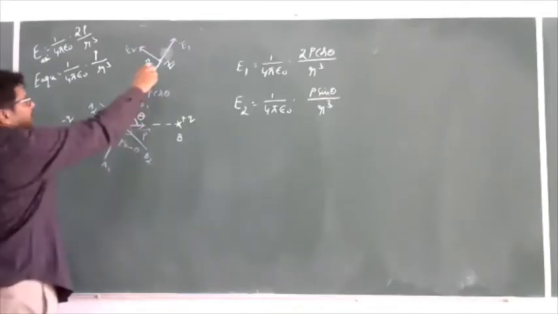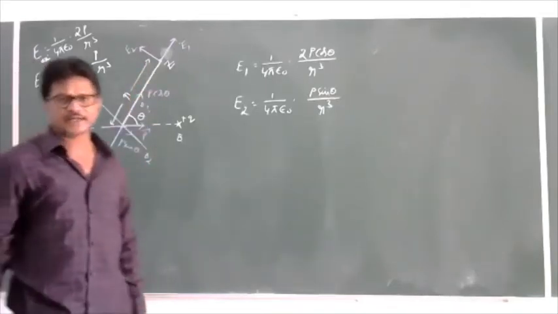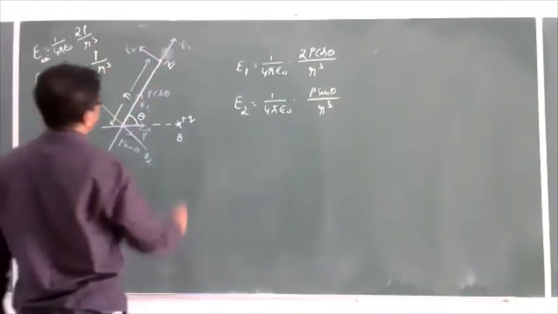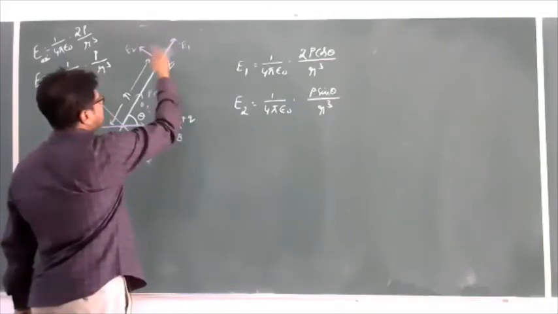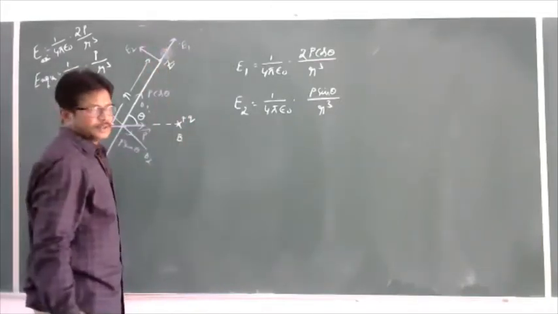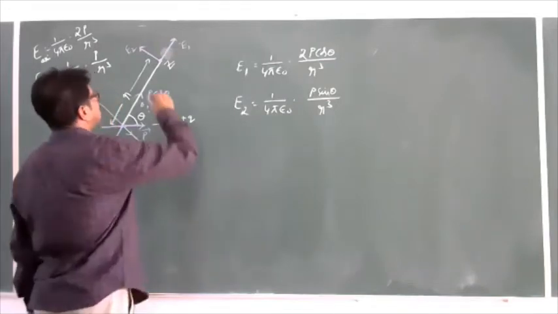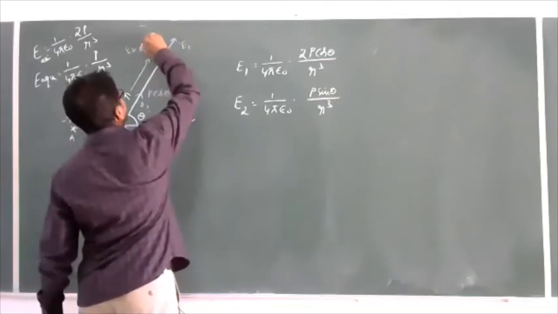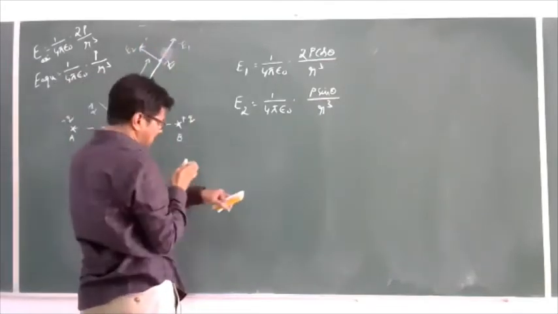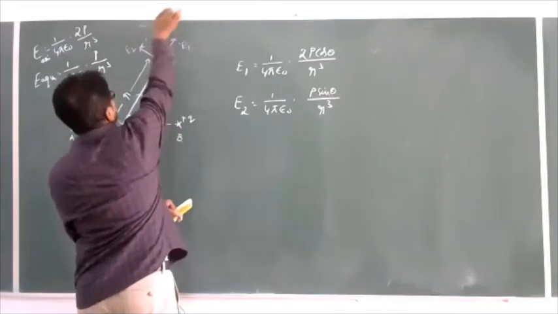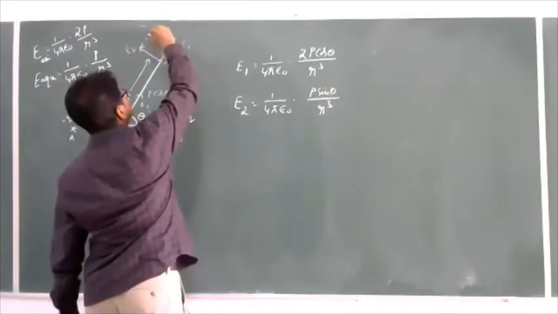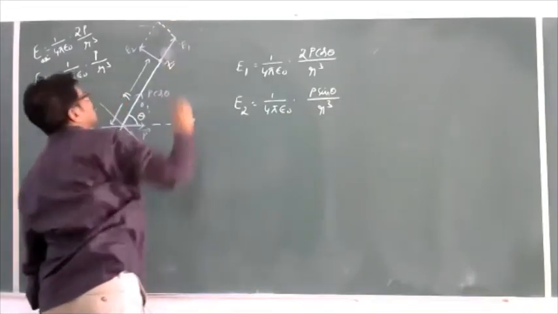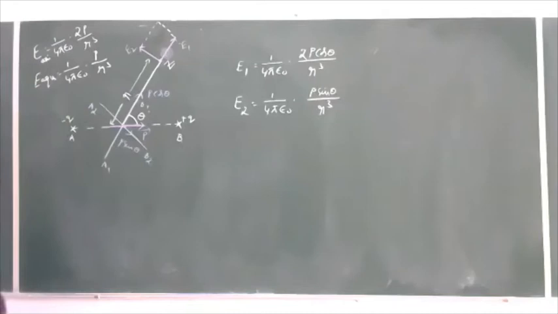Now at Z, how many electric intensities are acting? Two electric intensities are acting. How are those two acting? Those two are acting perpendicular to each other. Then how to get the resultant? We can get the resultant by constructing a parallelogram. Now I am constructing a parallelogram.